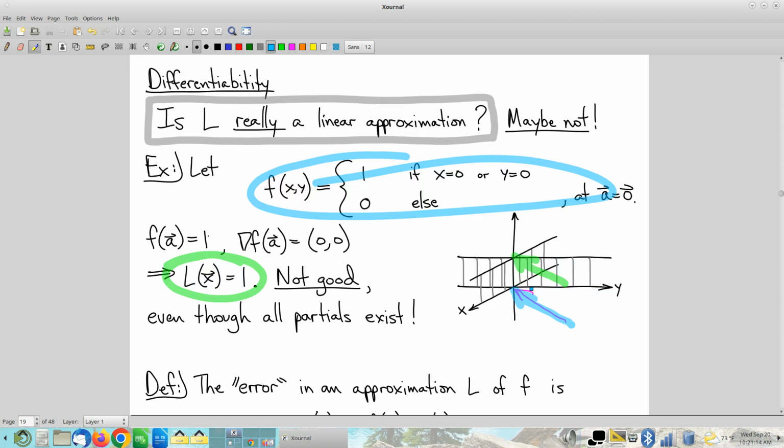So if we ask, okay, well, what was the error? How far was this off? Well, these errors are all 1, and that's obviously not a good approximation.